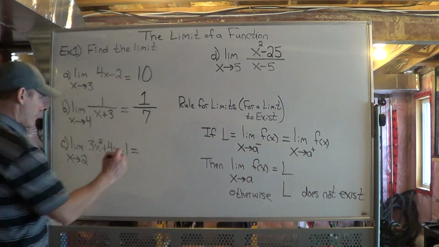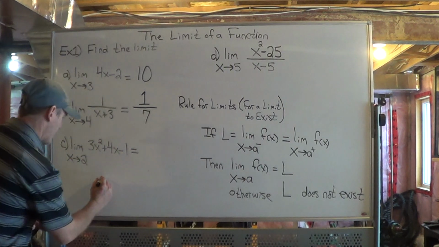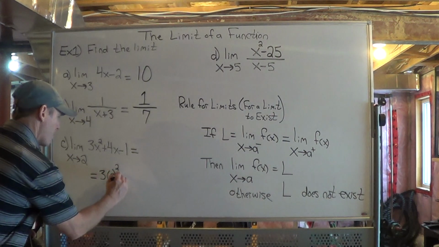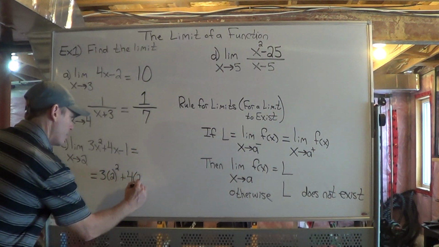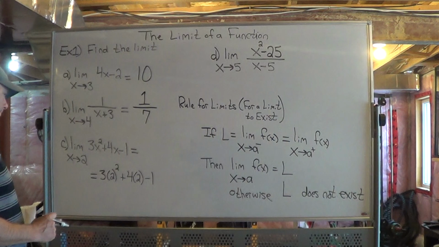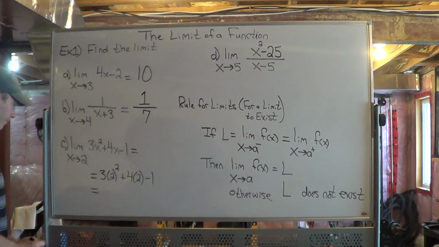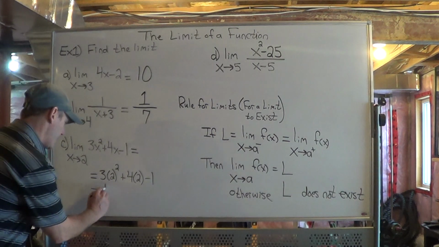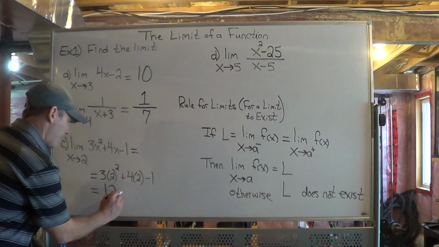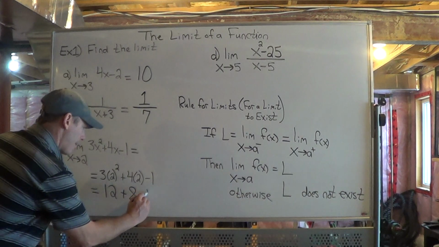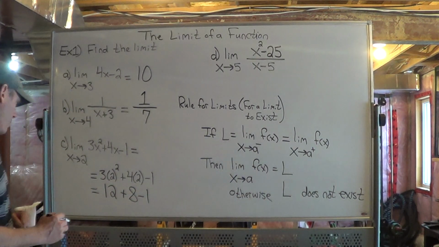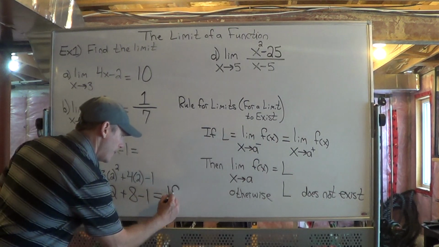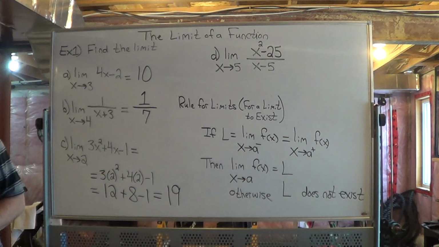This one's a little bit longer, so let's follow along. I substitute in a 2, so I get 3 times 2 squared plus 4 times 2 minus 1. 2 squared is 4 times 3 is 12, plus 4 times 2, which is 8, minus 1. 12 and 8 is 20, minus 1. This limit would be 19.